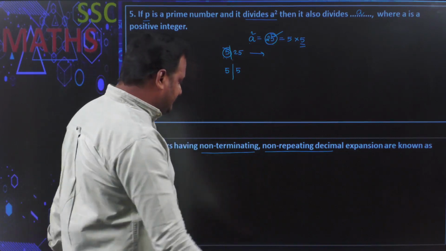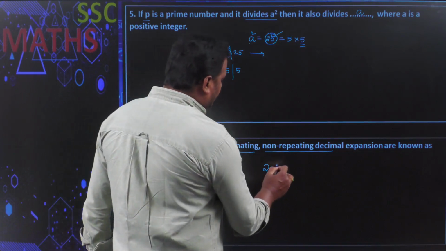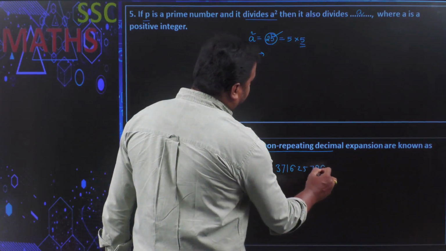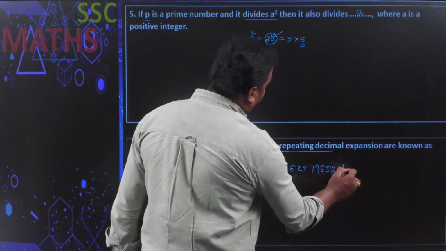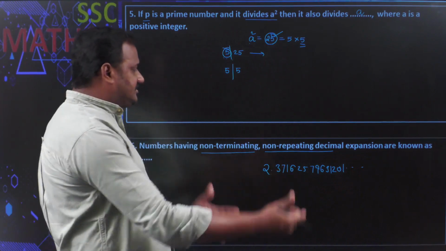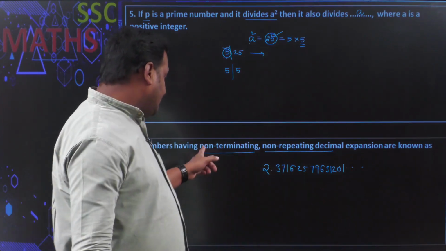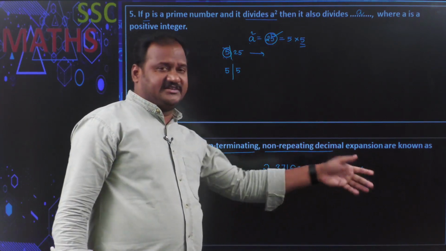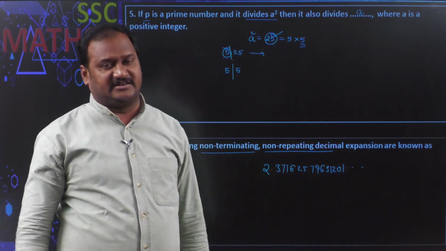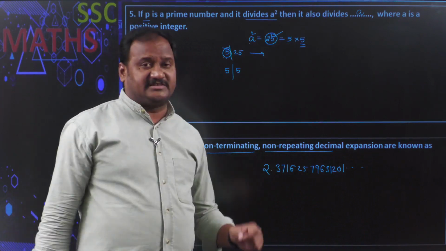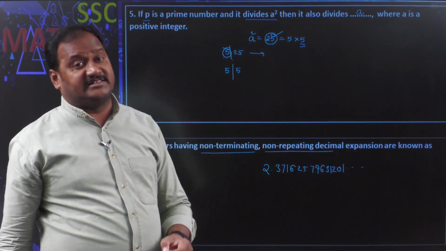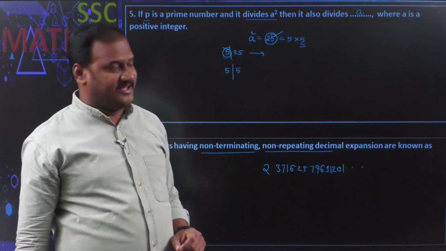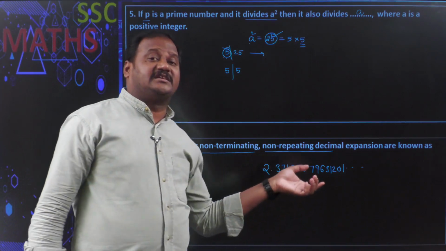Absolutely no. For example, if I write a number 2.37162579631201 and so on, you observe that it is non-terminating, it is not stopping anywhere, and non-repeating, there is no digit repeated or repeated pattern. So this kind of number is known as an irrational decimal expansion. They are called irrational numbers.